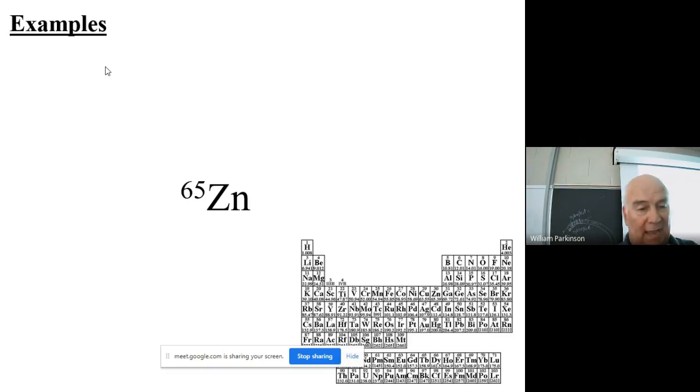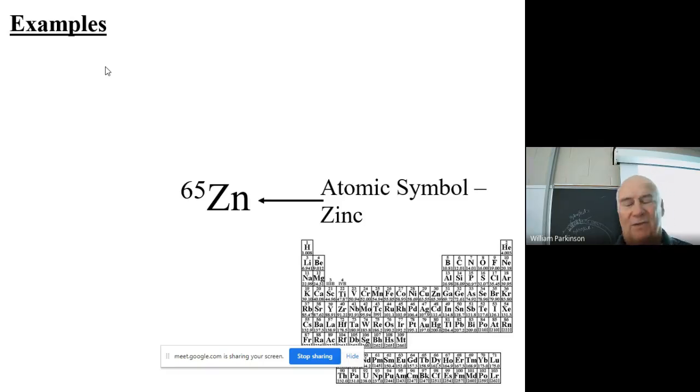The number to the left that you see, well, first of all, the symbol is telling you what element it is. And if you scan around in the table, and the table's kind of little, so I've got to put my glasses on because I can't see, but I look around in the table and see, oh, there's zinc. It's element number 30. So I see zinc is element in box 30.